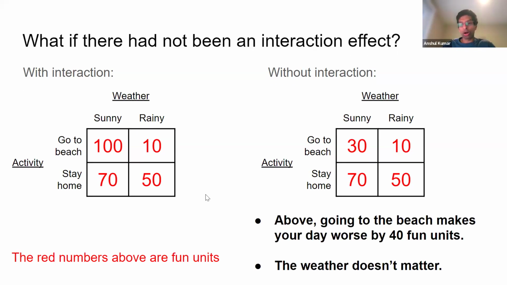Your day gets 40 units worse. And the weather doesn't matter. That's the key here. It goes down by 40 when you go to the beach, no matter the weather. So there's no interaction effect. The weather has no bearing on the effect of going to the beach. And that's why we say there's no interaction effect here.